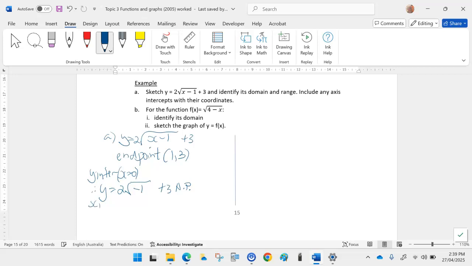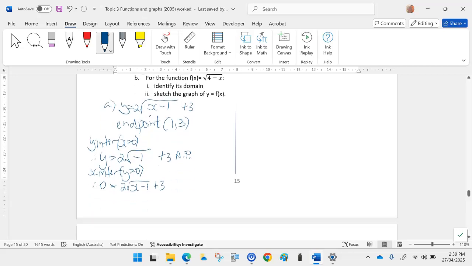What about the x-intercept? What do we know at the x-intercept? At the x-intercept, we know that y is equal to 0. So then if I go back to my original, I'm trying to solve 0 is equal to 2 times the square root of x minus 1, plus 3. Now, if I rearrange that, I'll take the 3 to the other side to make it negative 3, and then divide both sides by 2.